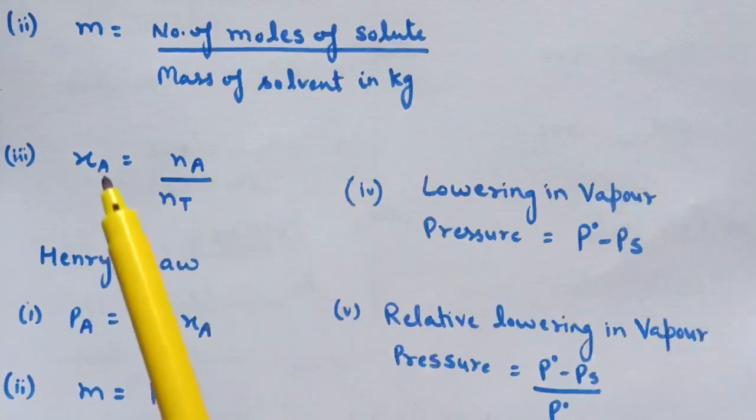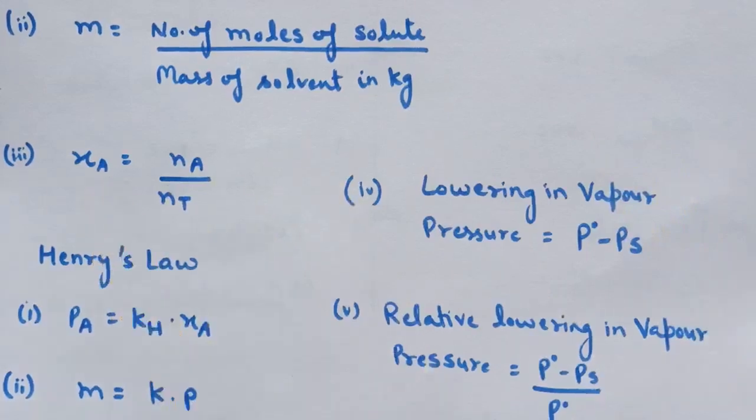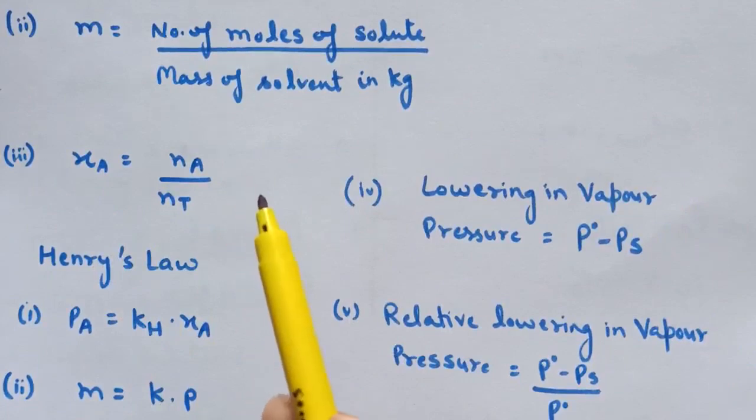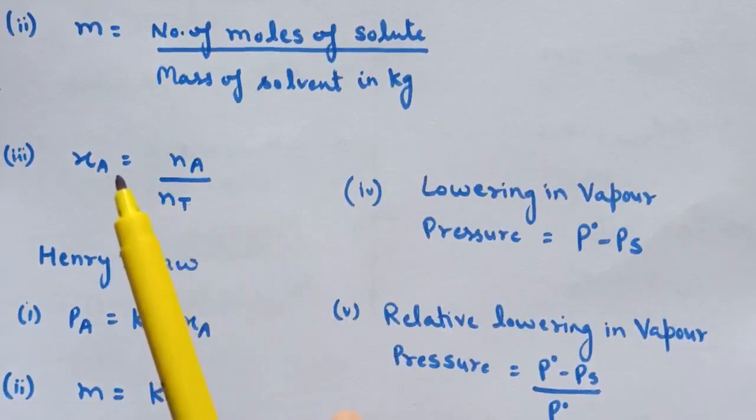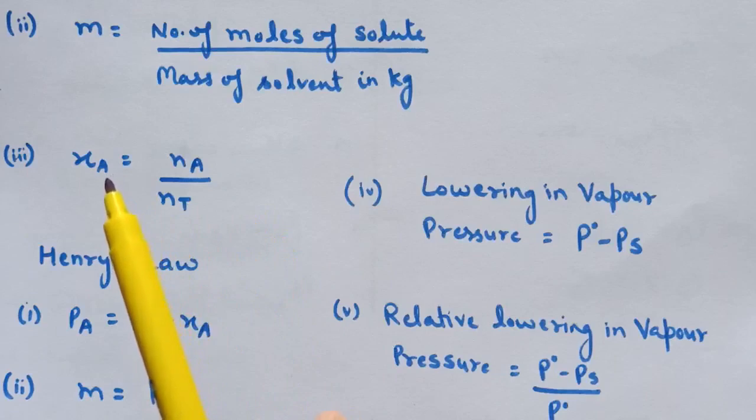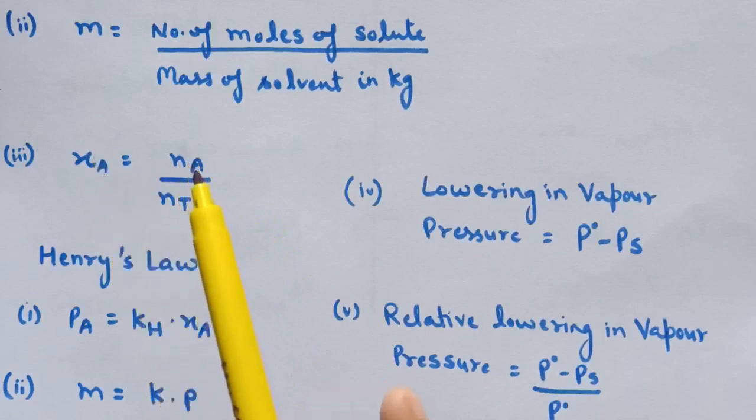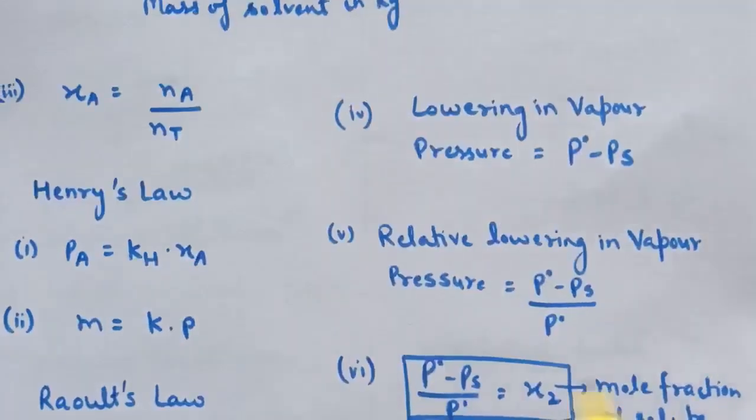Third is for mole fraction. Let's say there are two components in the mixture and we want to calculate the mole fraction for component A, then that will be equal to number of moles of A upon total number of moles. Now second, in Henry's law there are two formulas.